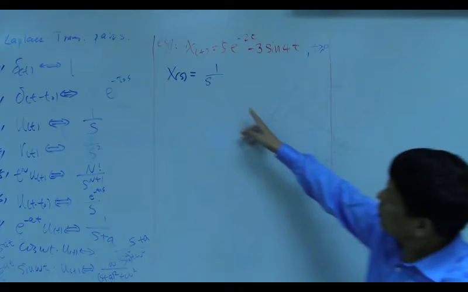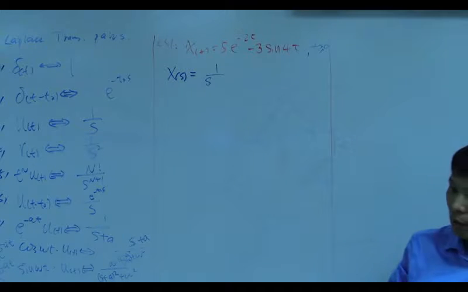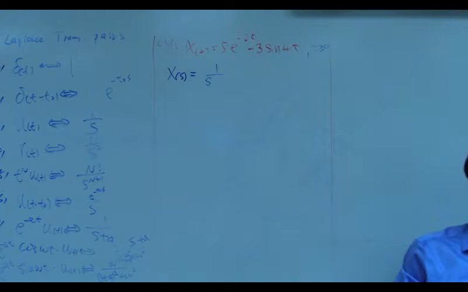Alright, so 1 over s. In the Laplace transform, there's no time. It's only frequency, there's no t. I did see, from previous experience, somebody's Laplace transform with a lot of t's. That is definitely not correct. No t. t is in time.